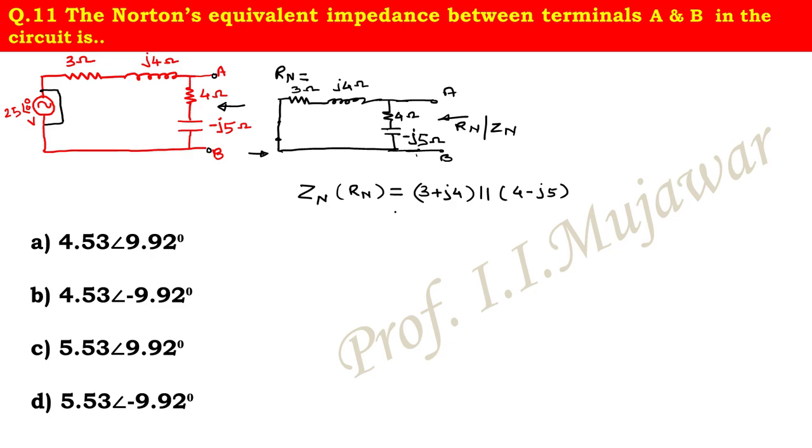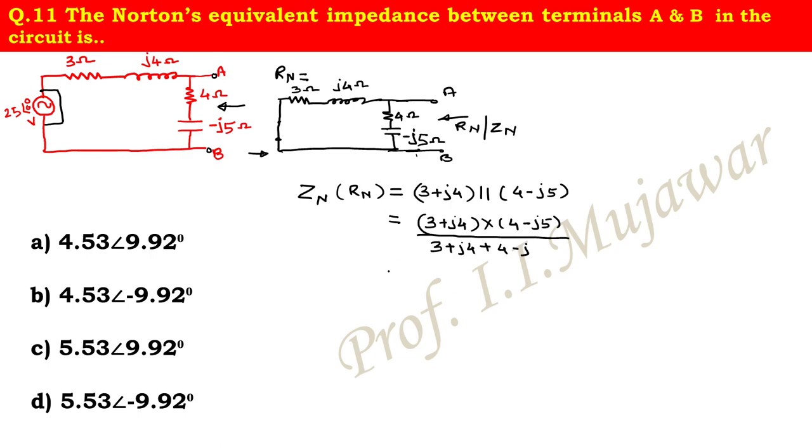So if we simplify this one, this comes out to be (3 plus j4) into (4 minus j5) divided by (3 plus j4) plus (4 minus j5).